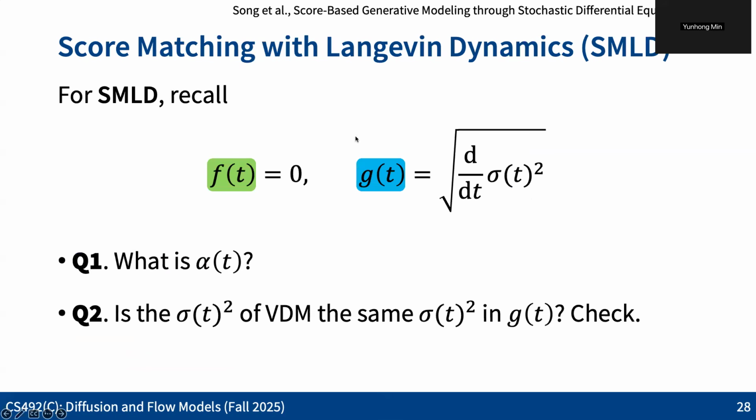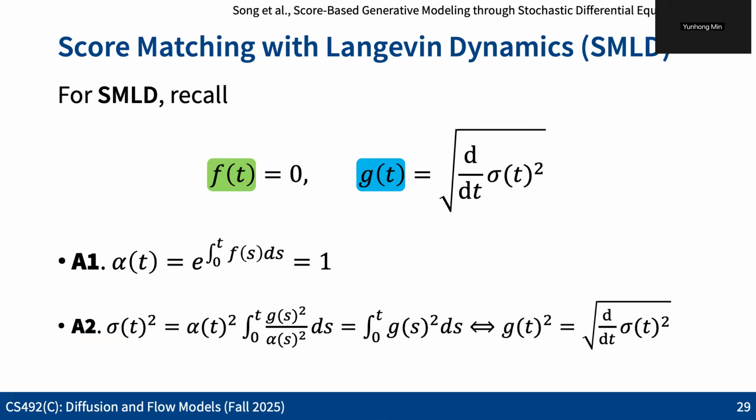So while we had these sigma functions coming from different sources, like this one coming from the SMLD and this one coming from the definition of the variational diffusion models, what we can see is that actually these two are the same, right?